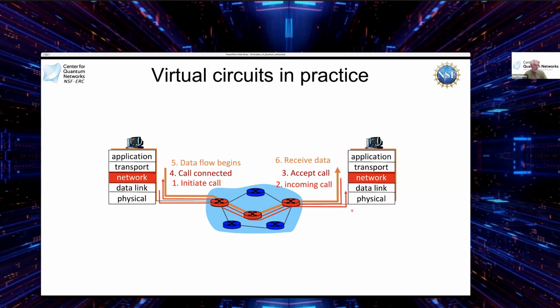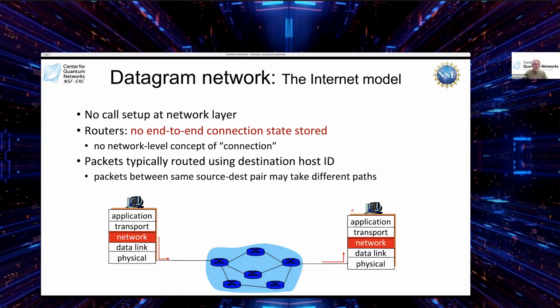Of course, there are nitty-gritty details as to exactly how you would do that. The other service is what's referred to as a datagram service, and this is what the classical internet actually offers. It does not offer this virtual circuit service. In the datagram network, there's no call setup at the network layer.